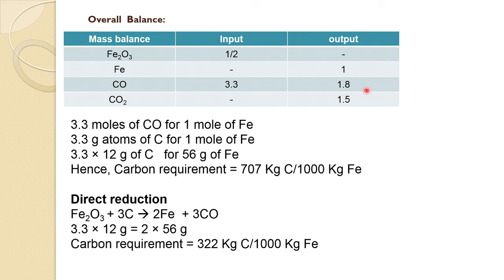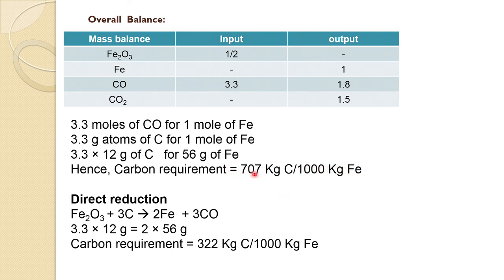So, this will be the overall mass balance on a mole basis, and you can see 3.3 moles of CO for 1 mole of iron, or 3.3 gram atoms of carbon for 1 mole of iron, or so many grams of carbon for 56 grams of iron. So, for 1000 kg you need about 707 kg of carbon.